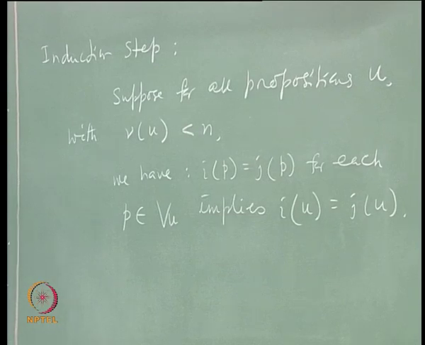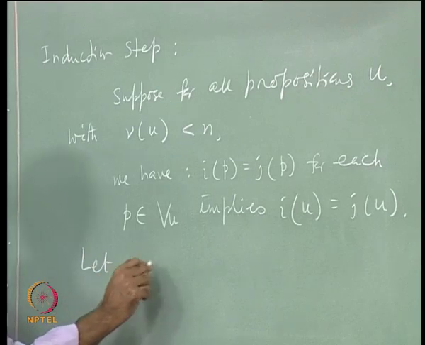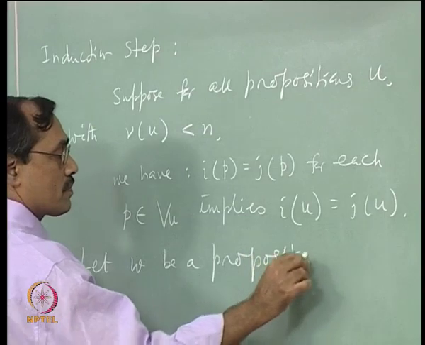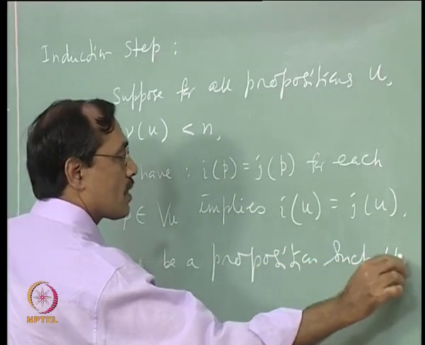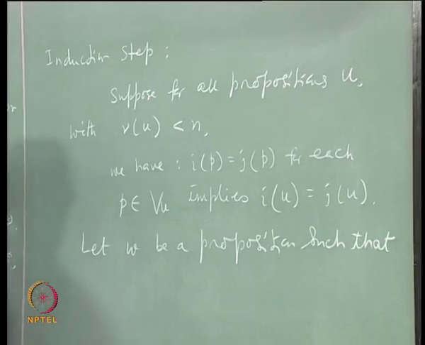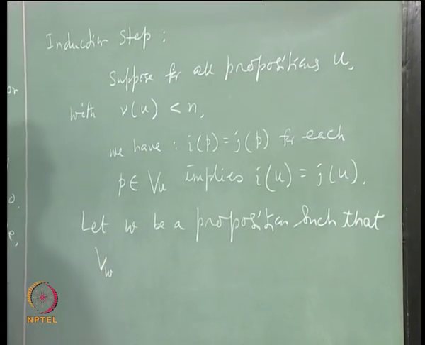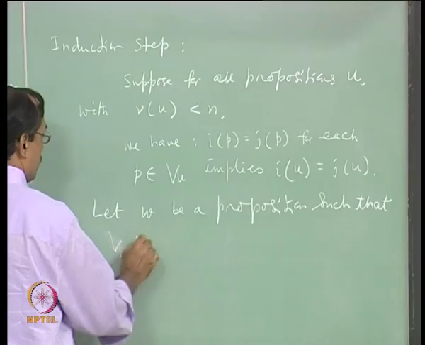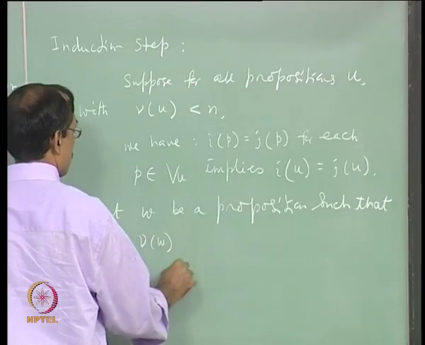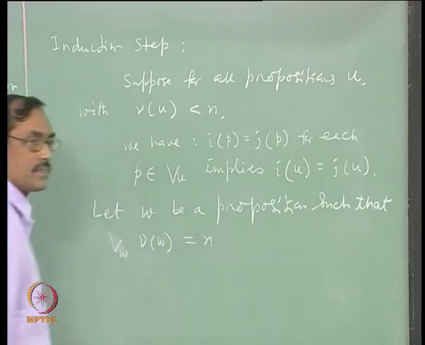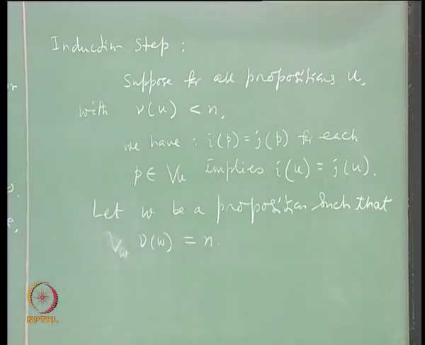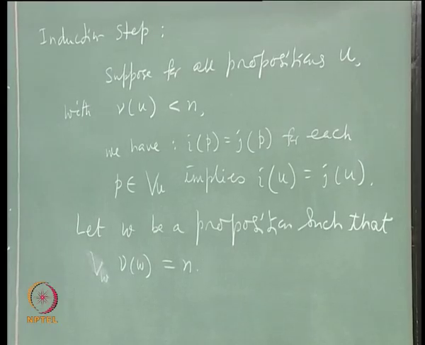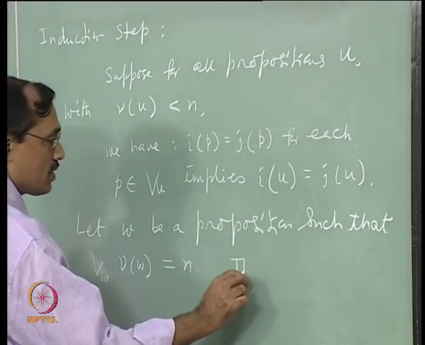Then we start with, let W be a proposition such that nu of W is equal to n, fine. Number of occurrences of connectives in W is n. Then how to write W?